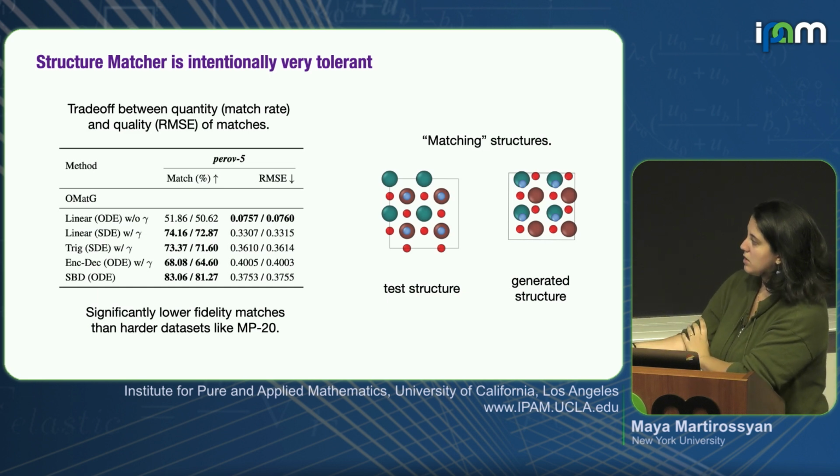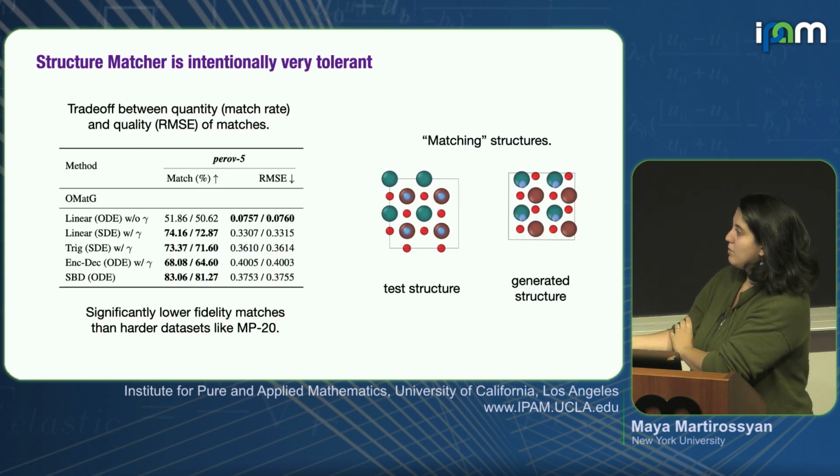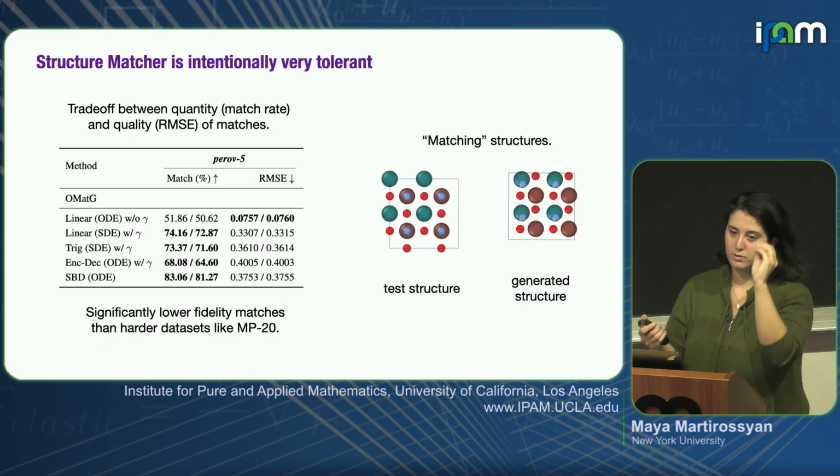If you look at these numbers here, we're at 74, 73. These are all the non-linear ODE models. And the linear ODE model would not push further. It was pretty much stuck around 50%, but it had a very good quality of matches.